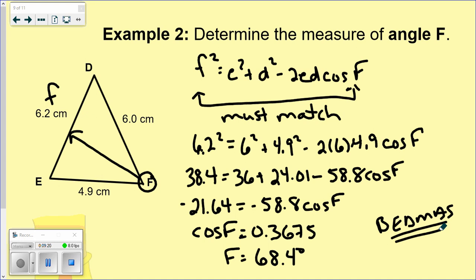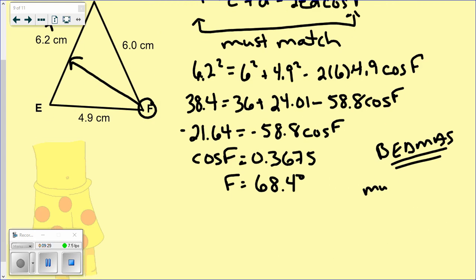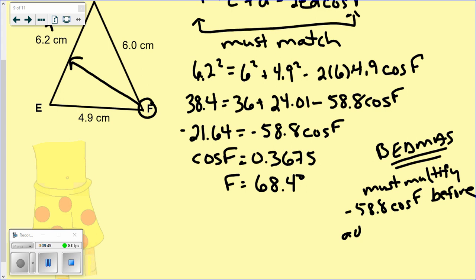So you can't combine the 58.8 with those other two values. Treat it like an x, so it can't be added in.